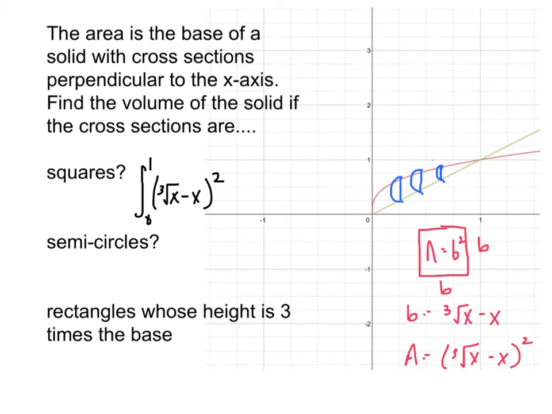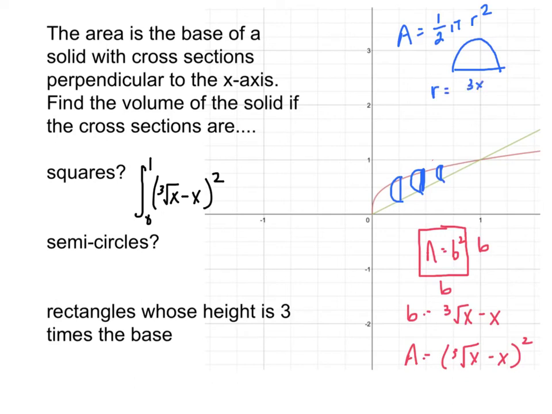Well, the area of a semicircle is 1/2 pi multiplied by the radius squared, because it's just half of a circle. Well, thinking about the squares, the difference between the functions represents, not the radius, unfortunately, it represents the diameter.